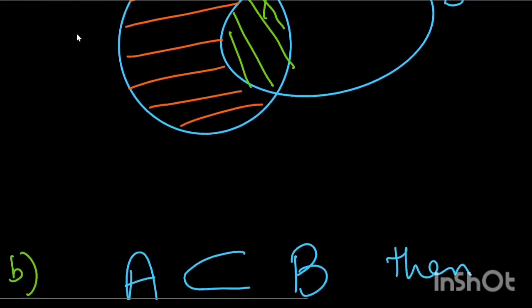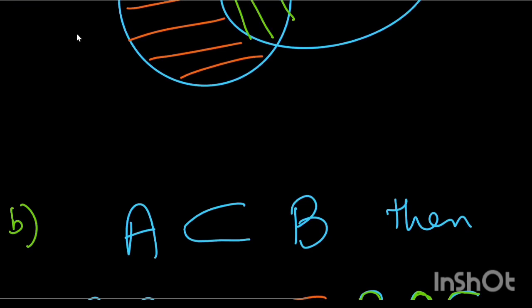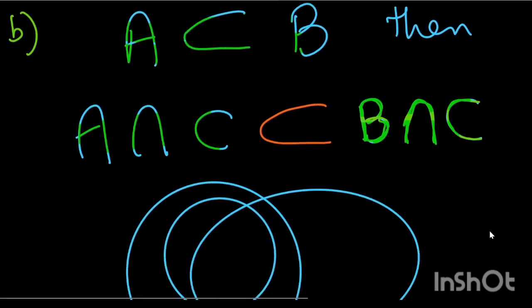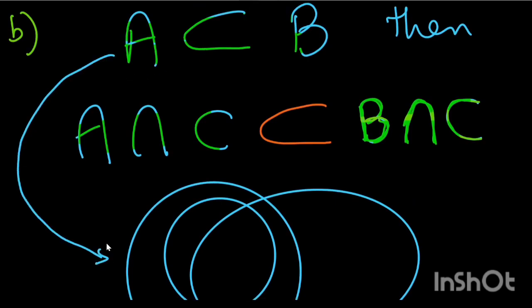Now, the second option: if A is a subset of B, then A intersection C is a subset of B intersection C. We have to check whether A intersection C is a subset of B intersection C or not. For that, since A is a subset of B, I will make two circles, one inside the other.